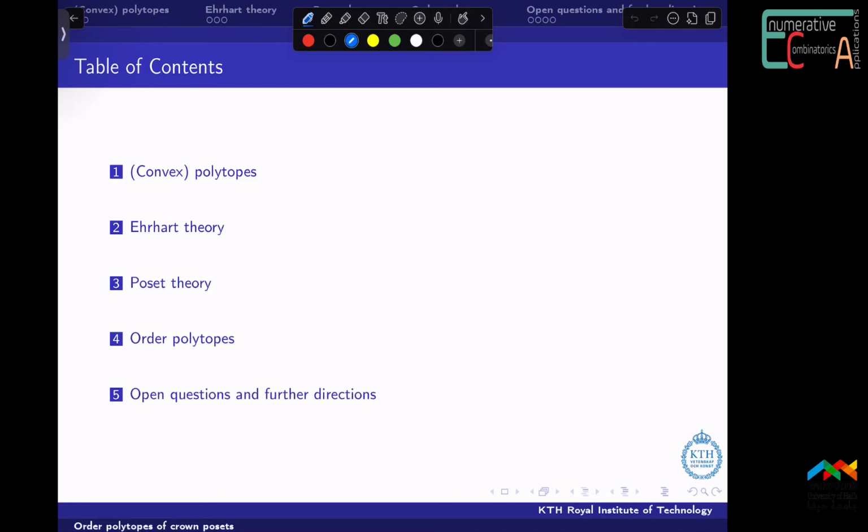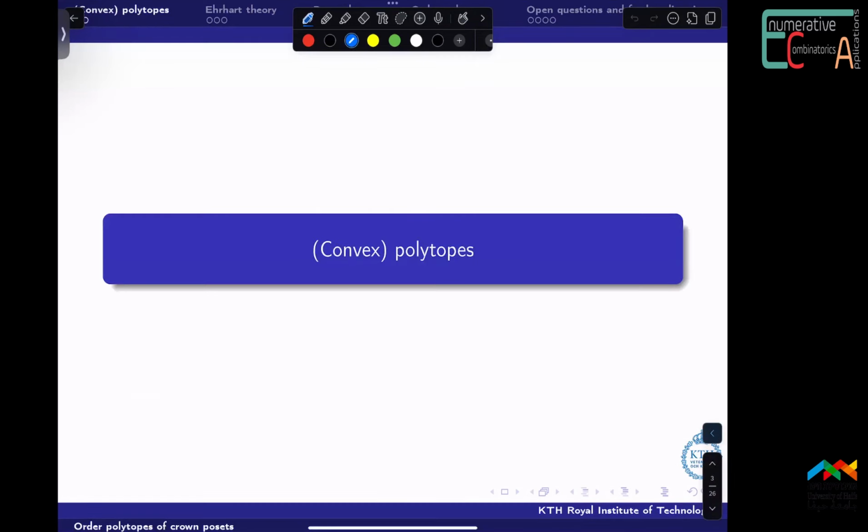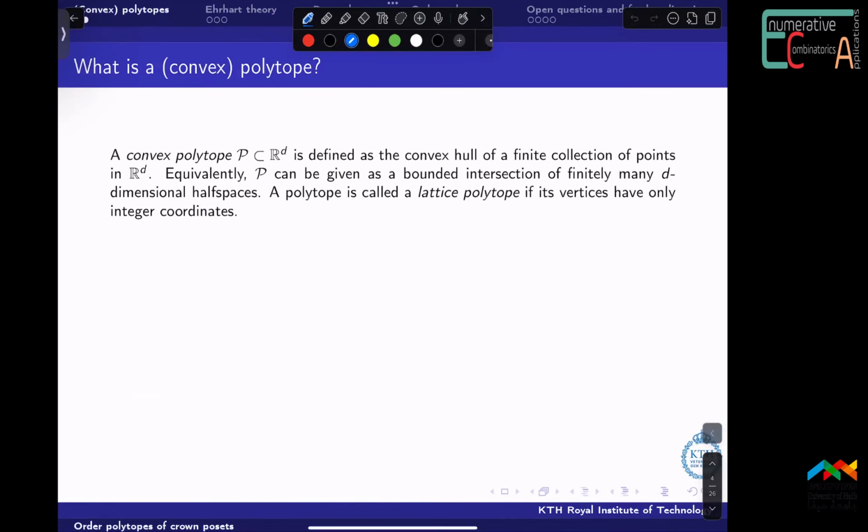Okay, so a convex polytope is a convex hull of a finite collection of points in R^d. And we have this equivalent definition: we can think of a bounded intersection of a finite collection of half spaces.